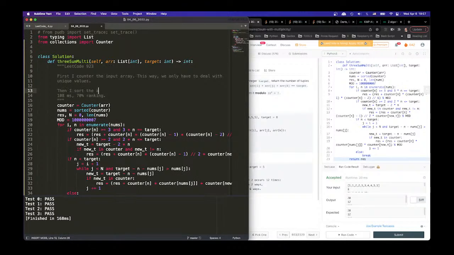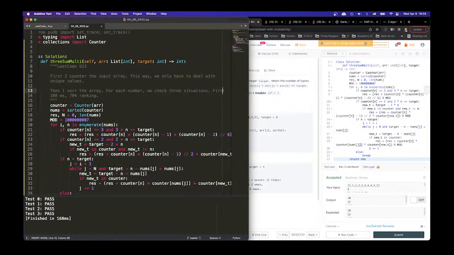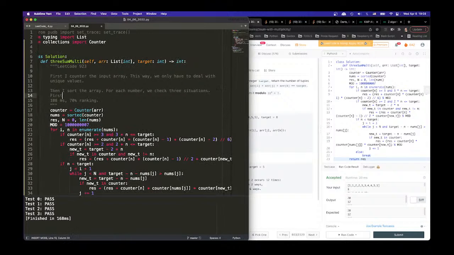Then I sort the array, and for each number, we check 3 situations. First, check if the number can be used 3 times to form target.